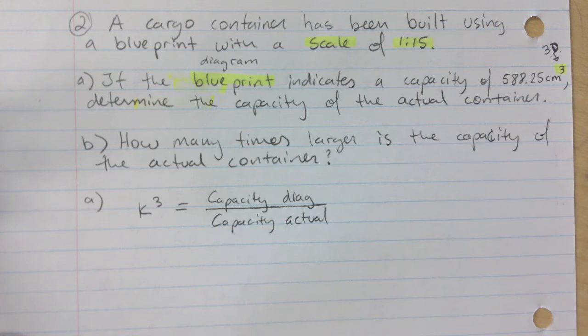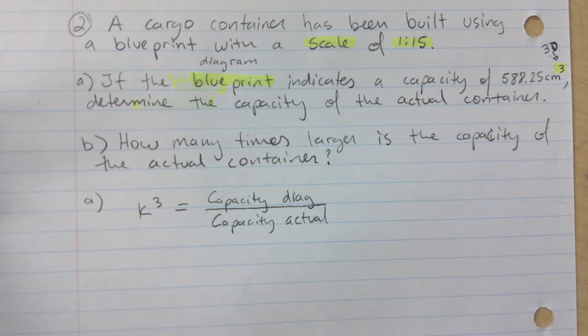I hope that doesn't throw you off that I'm using capacity, but capacity is how much a container can hold. Volume is how much space it occupies. It's essentially the same.